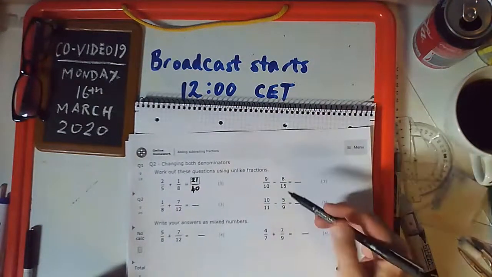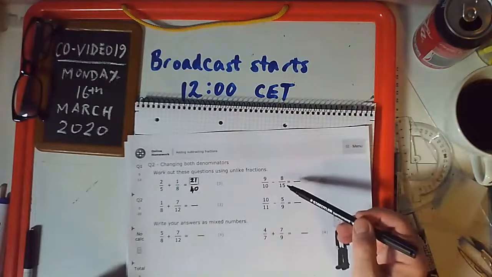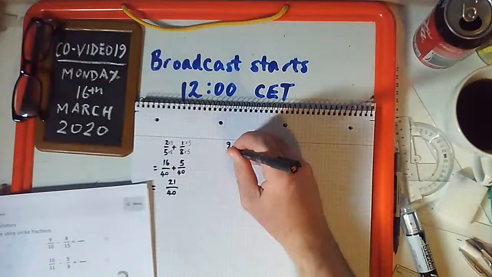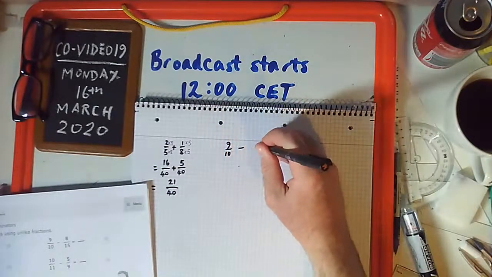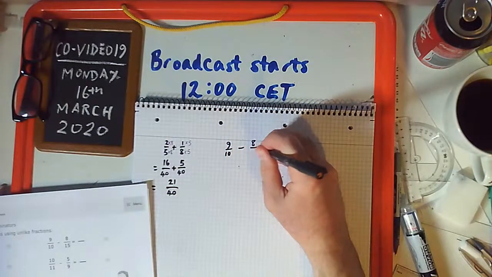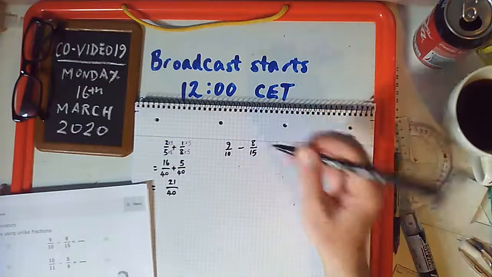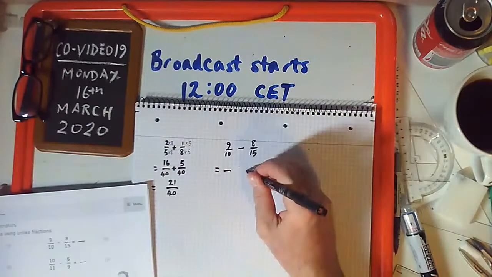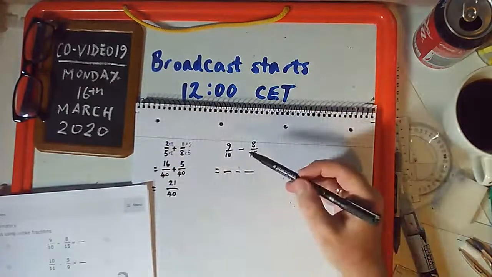Okay, let's do this one, I suppose. 9/10 minus 8/15. So 9 over 10 minus 8 over 15. So I want to write those as two fractions out of the same number.